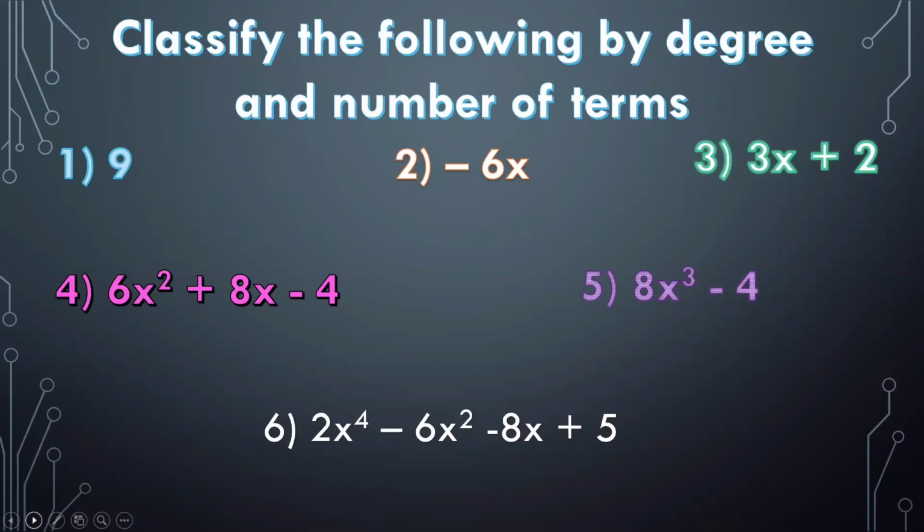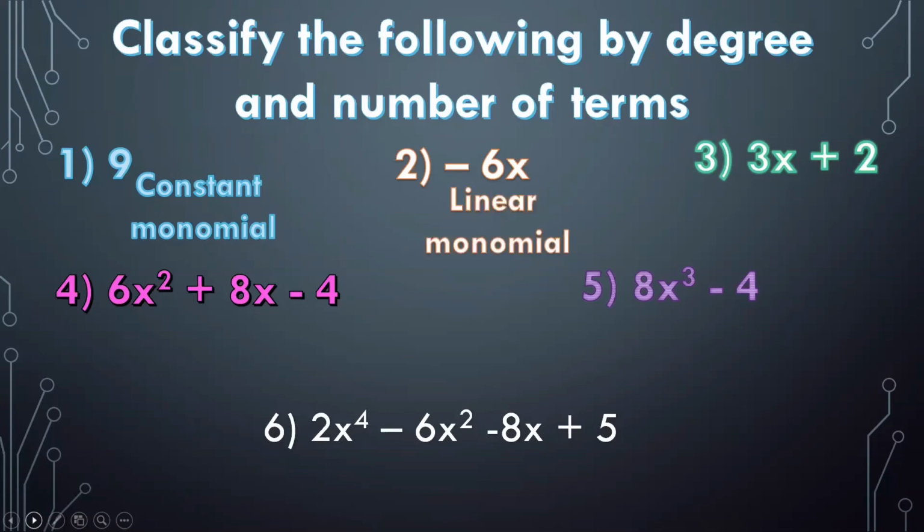Okay, let's see how you did. So number 1, we should have a constant monomial. There's only one, there's no variable. This is a linear monomial. This is a linear binomial because there's 2 terms.